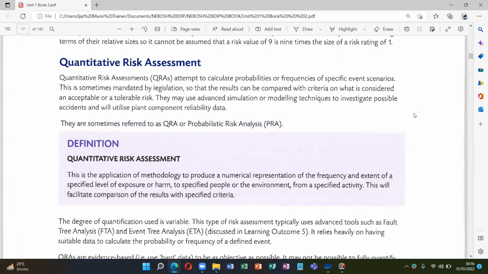They may use advanced simulation or modeling techniques to investigate possible accidents and will utilize plant component reliability data. They are sometimes referred to as QRA or probabilistic risk analysis, PRA.